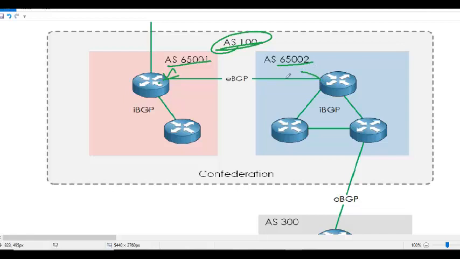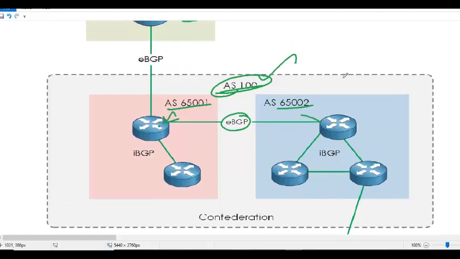So what they get is an EBGP kind of relationship, even though they all belong to the single autonomous system 100, because you have sub-autonomous systems inside it, and between the sub-autonomous system peers an EBGP relationship comes in. Now the route learned from one IBGP will be given to EBGP, no problem.